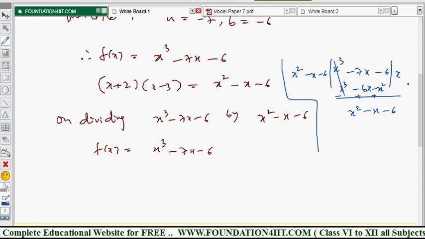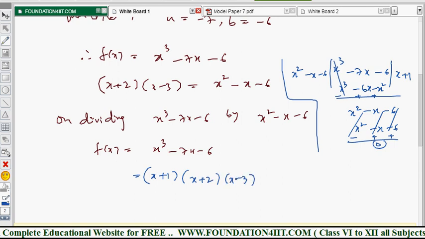Again x square minus x minus 6 will get, so you will get 0 by changing sign and cancelling. Finally x plus 1 is there, and the remaining two are x plus 2 and x minus 3. Right? We can solve it this way.